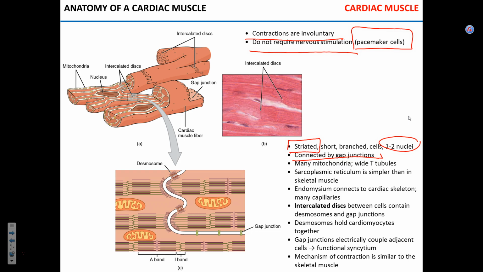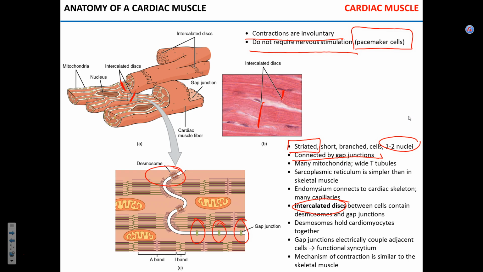Okay, so here in this schematic, you can see cardiac muscle cells connected by gap junctions. Gap junctions are located in so-called intercalated discs. These intercalated discs contain not only gap junctions but also structures called desmosomes.